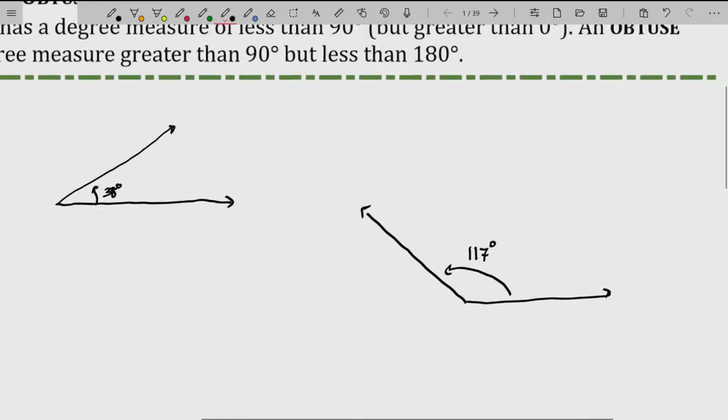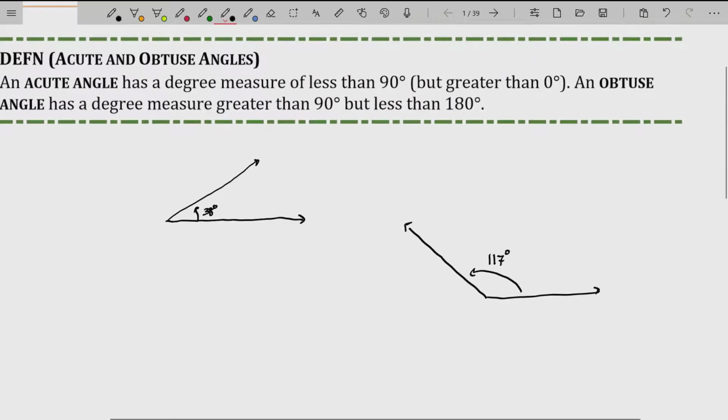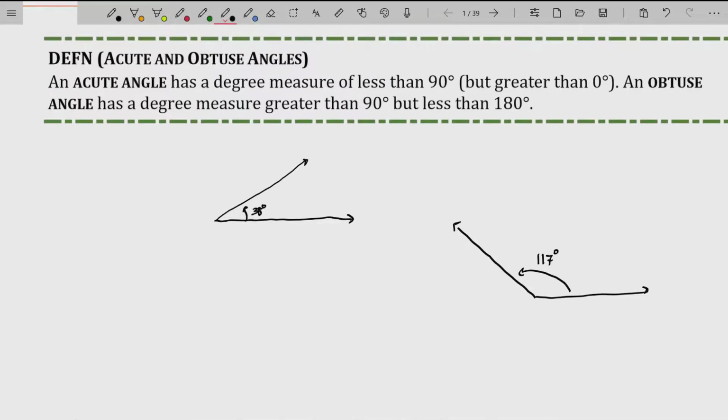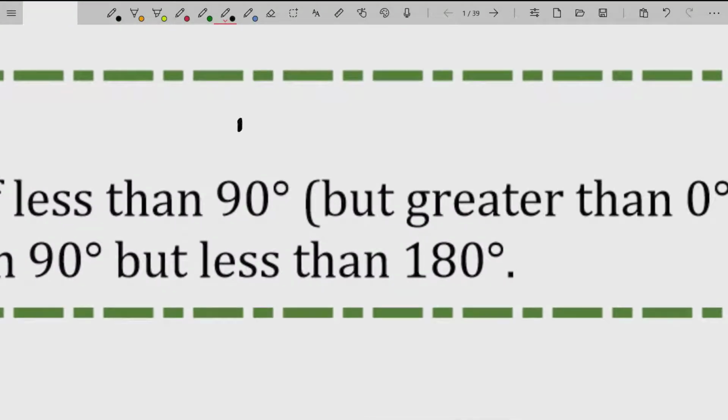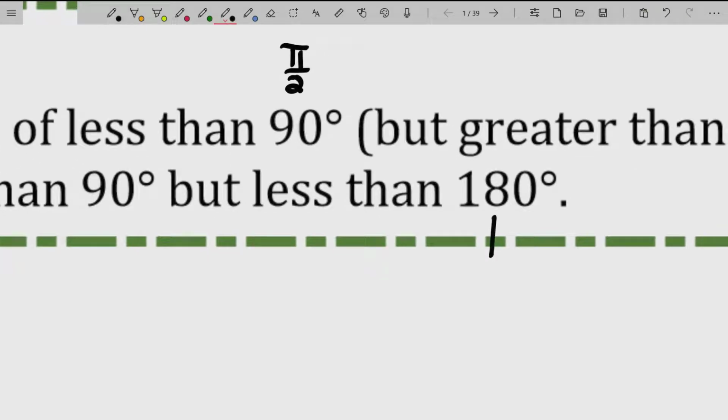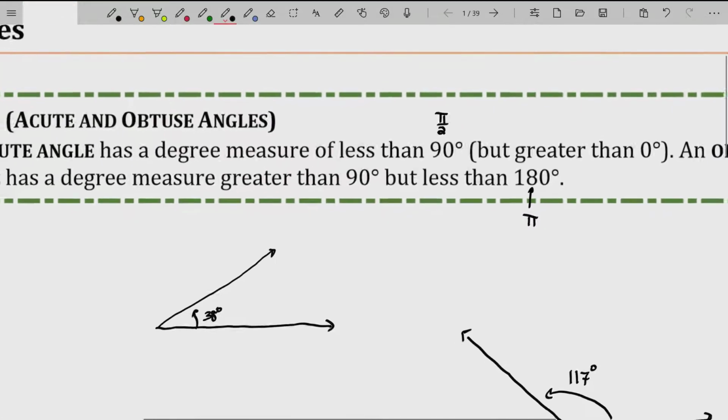Remember, to be obtuse, it's less than 180 but greater than 90 degrees. And to be acute, it has to be less than 90 but greater than 0 degrees. And also remember that the radian measure for 90 degrees is pi over 2. And the radian measure for 180 degrees is pi. I'm just going to sneak those in as we can.